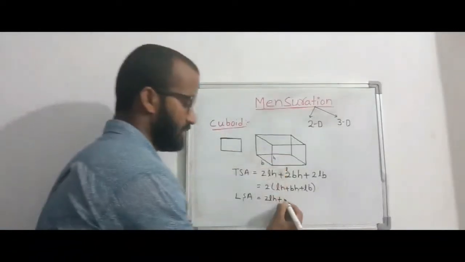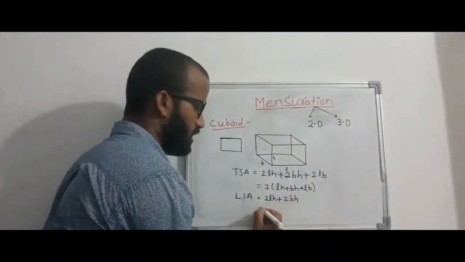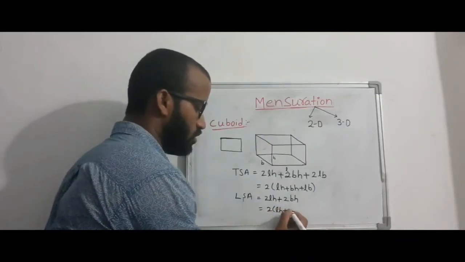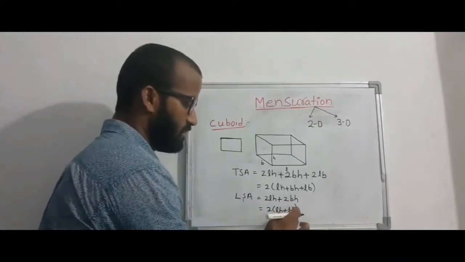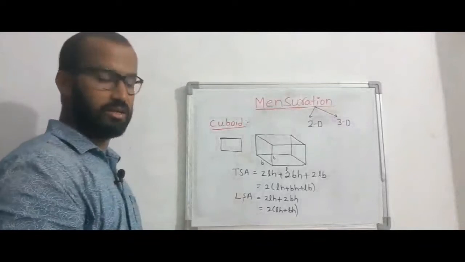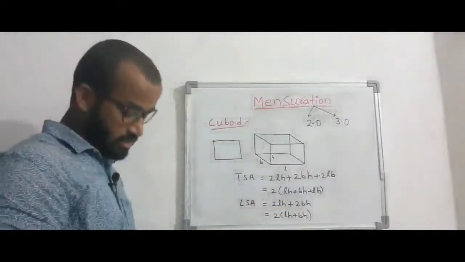BH, 2BH. If I take 2 common, 2(LH plus BH). This is the lateral surface area. This is the total surface area. This is the formula for lateral surface area.